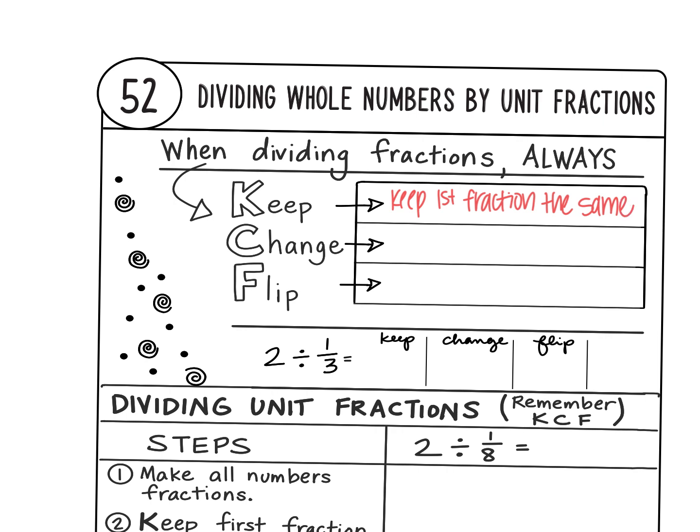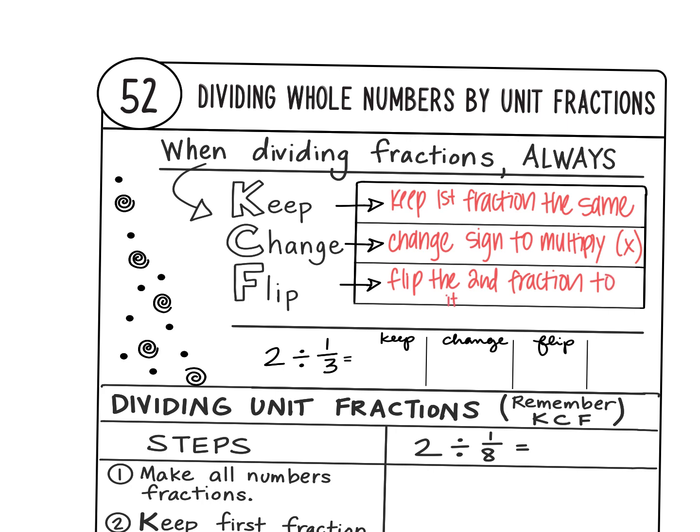C, change the sign to what? Multiply, which is the times sign. And then flip the second fraction to its reciprocal. Reciprocal.